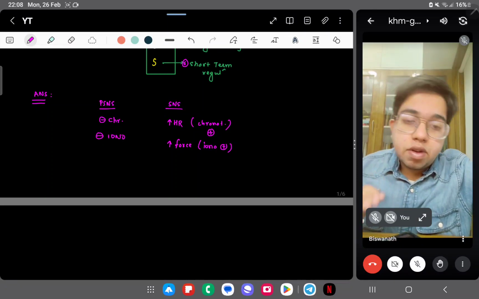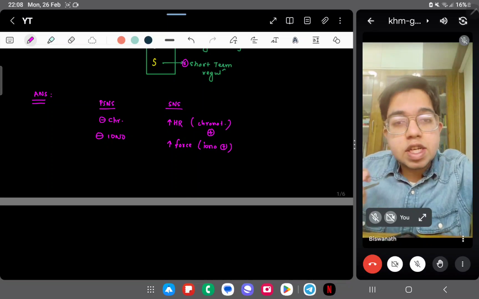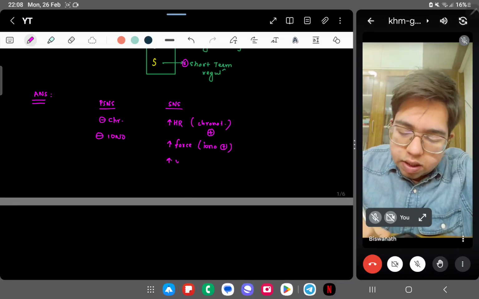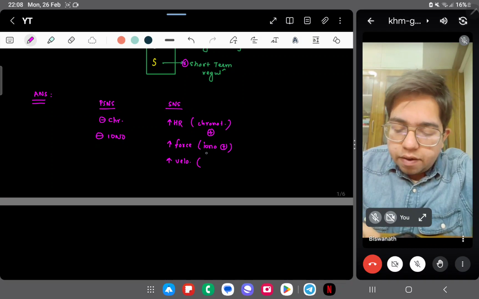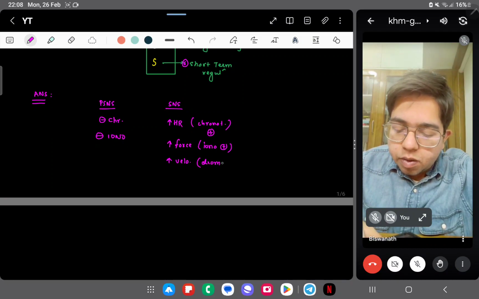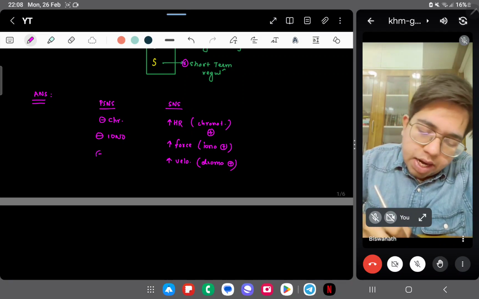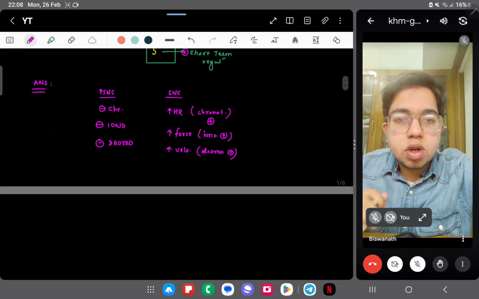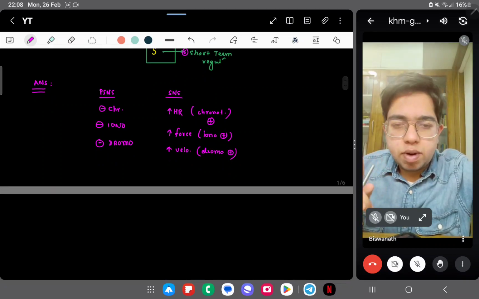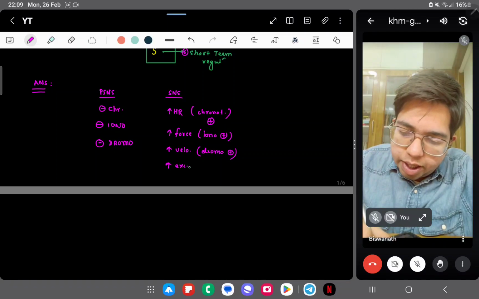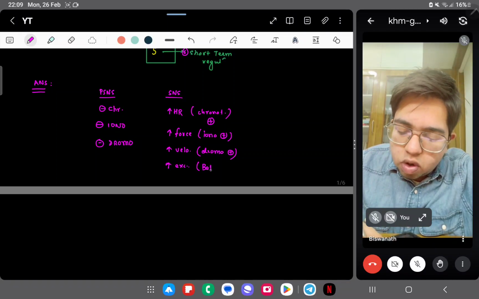Understood? And it will increase the conduction velocity of the impulse. What is it called? It is called dromotropism. So it is positive dromotropic, and this one is negative dromotropic. And one more: excitability. So increased excitability is called bathmotropism.